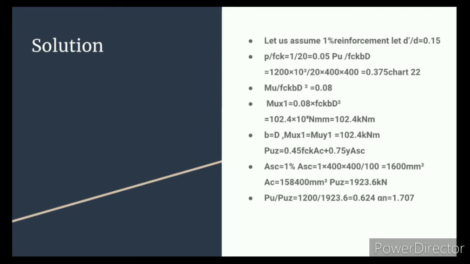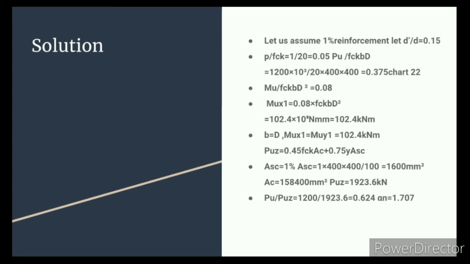Ac is equal to 158,400 mm square. Pz is equal to 1923.6 kilonewton. Pu by Pz is 1200 by 1923.6, which is equal to 0.625.